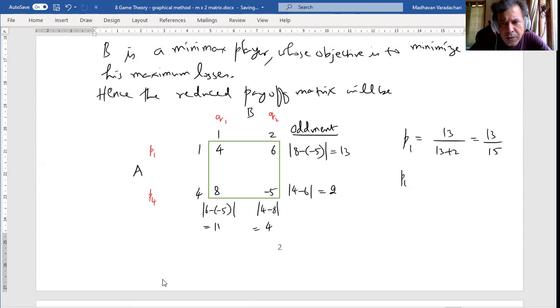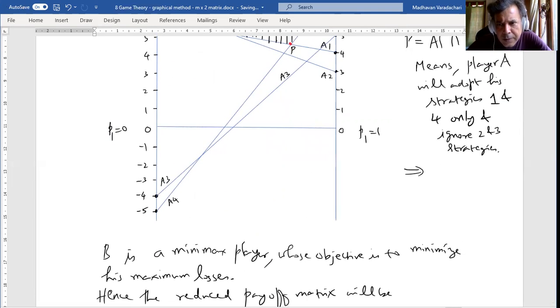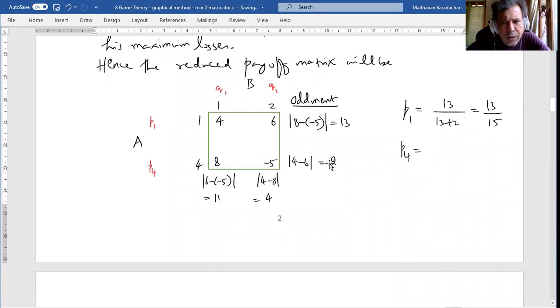Because we ignored strategies 2 and 3, P2 and P3 both become 0, so you have only 2 probabilities. That means P4 is 1 minus P1, which is 2 by 15.